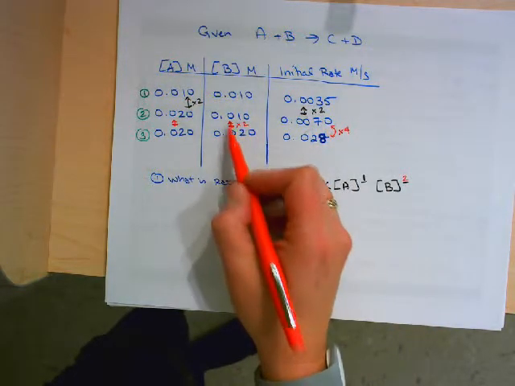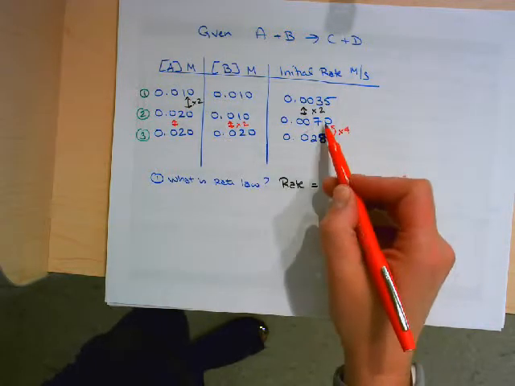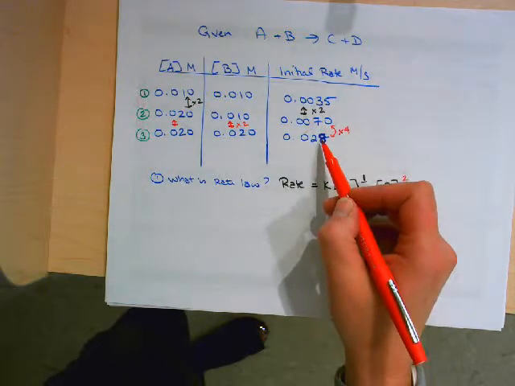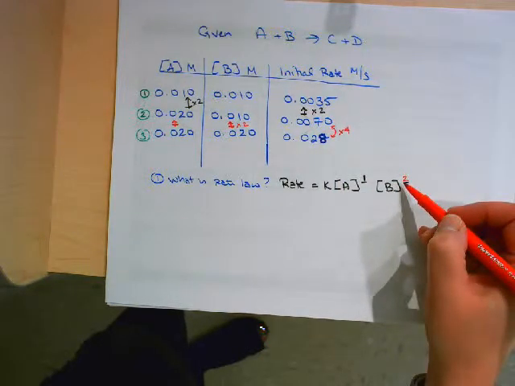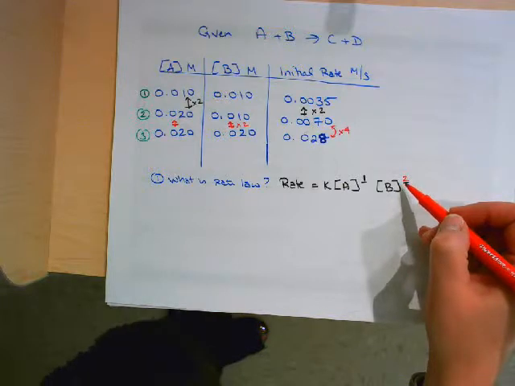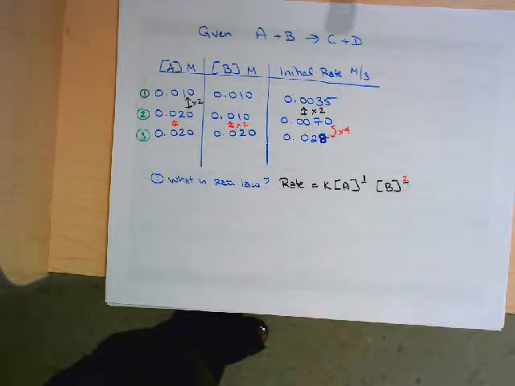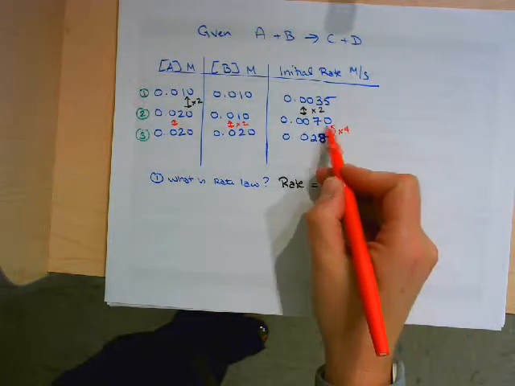Yep, I doubled this concentration, but this went up by a factor of 4, which means it got squared. I divided this number by that number.